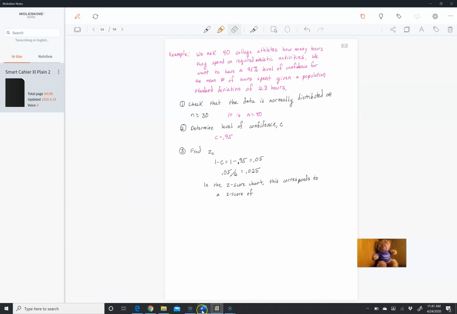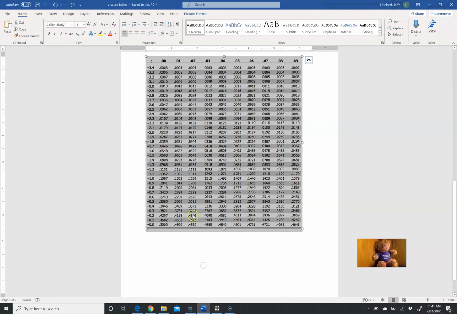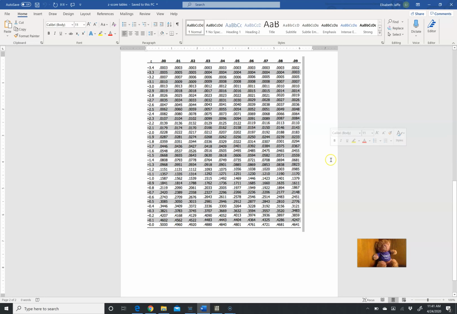So here we're going to go to our z-score chart. It's going to be in the negatives. We're looking for 0.025, so if we go to 0.025, it's right here. We're finding the z-score, so we're looking inside the chart, not at the sides.